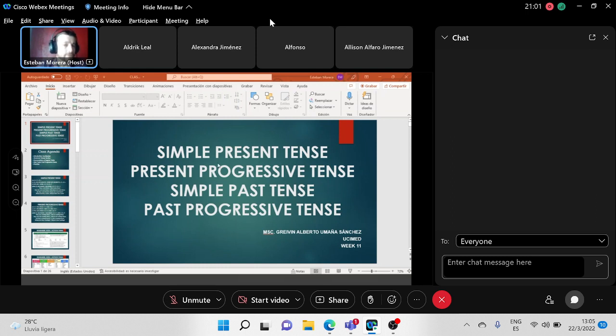When we talked about present progressive tense, we said that it is used for actions that happen at the present, and those actions are happening right now, at the moment that I say the sentence.